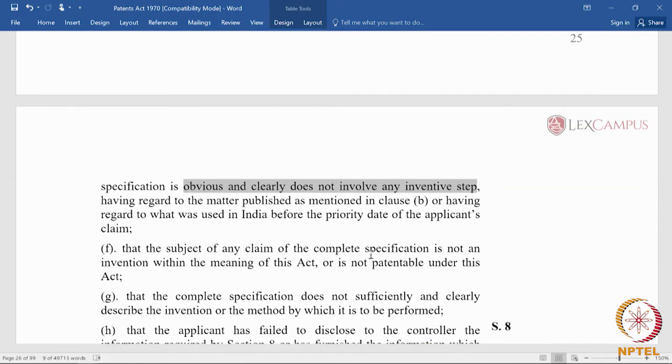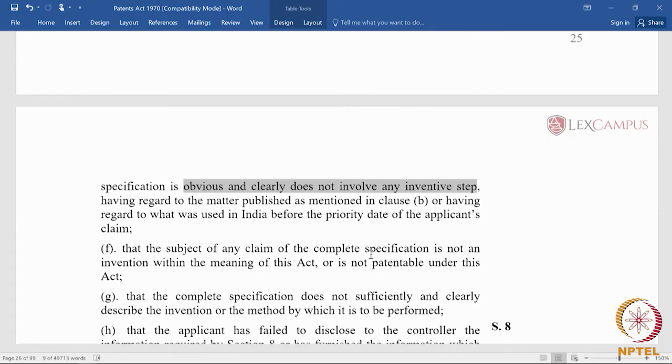It is exhaustive. 64(1)(f) is not confined to documents alone, whereas 25(1)(e) appears to be confined to documents alone, because it refers to clause B. Clause B is nothing but specifications and any other document.